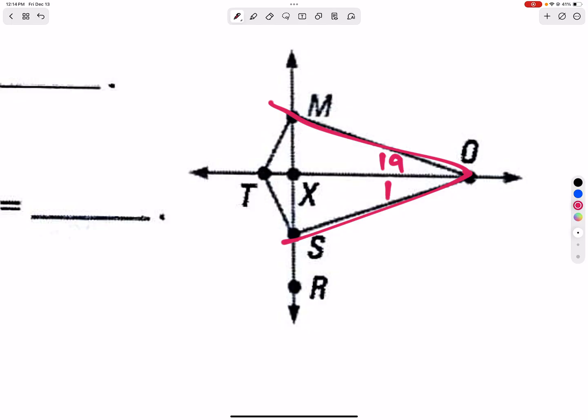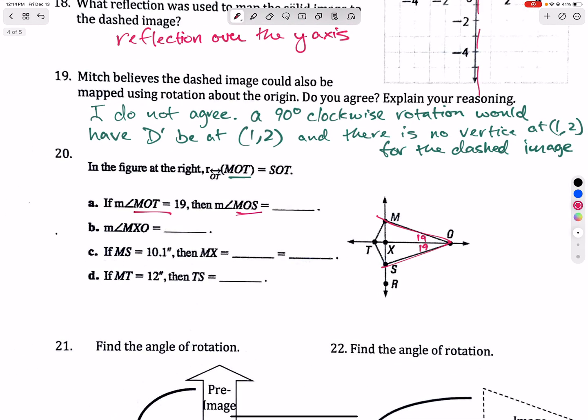Now, if they reflect it, that means this is 19. Therefore, you add them both up. 19 plus 19 is 38. The reason why it's the same is because when you just flip it over, it's still the same shape, same size and everything. The angles are the same. Okay, so we're done with that one.